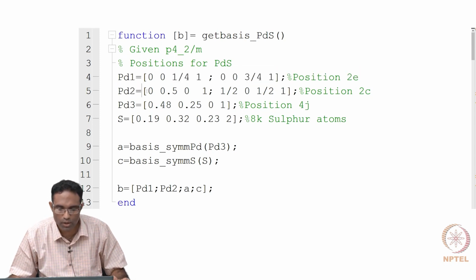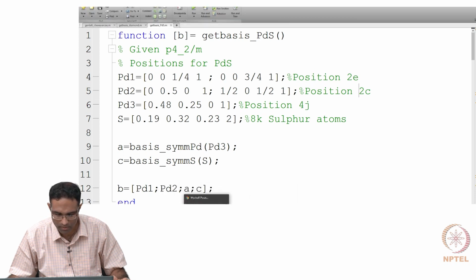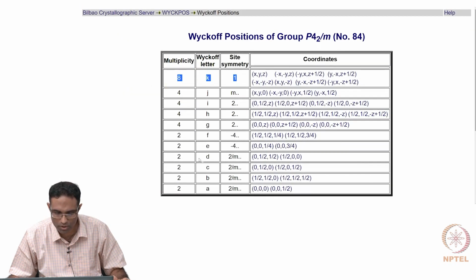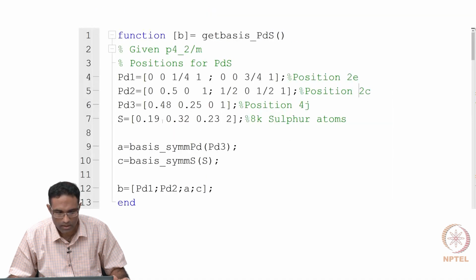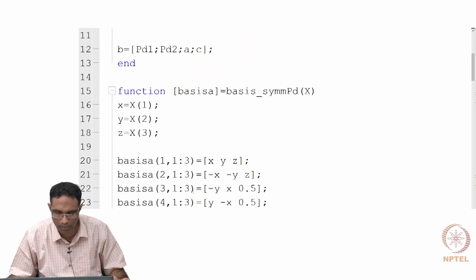Okay. Pd2 is at position 2c, 0, 1/2, 1/2 and 0, 1/2, 0, which can also be seen here in position 2c, right? These two. Then I have Pd3, which is present at position 4j, for which the x coordinate is 0.48, the y coordinate is 0.25 and the z coordinate is 0. However, position 4j requires some additional points to be generated because of the symmetry.